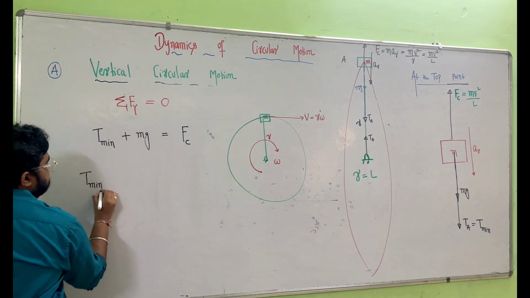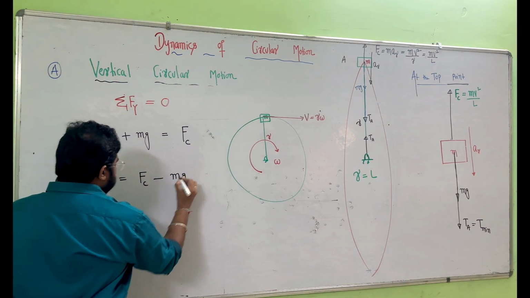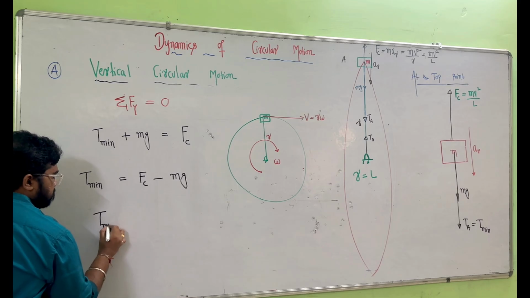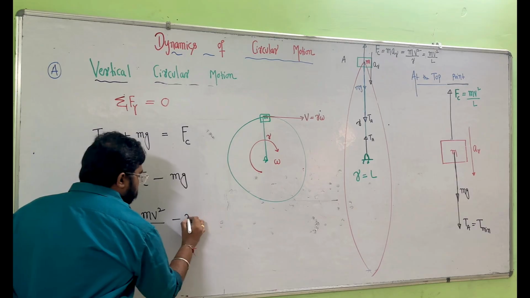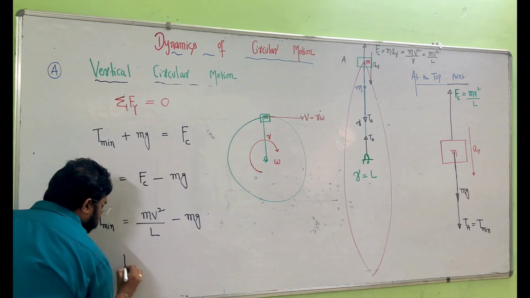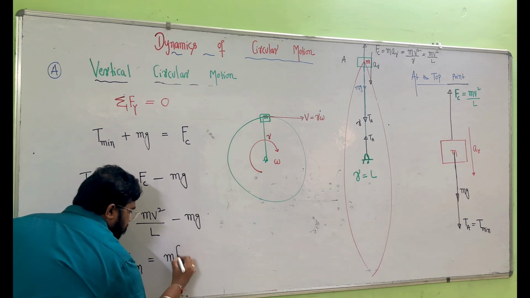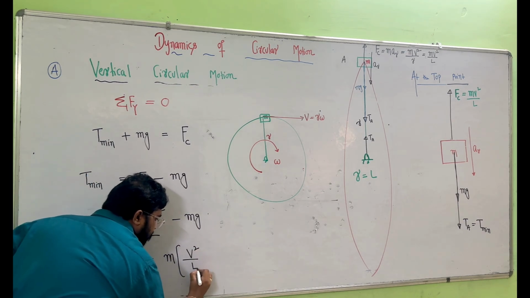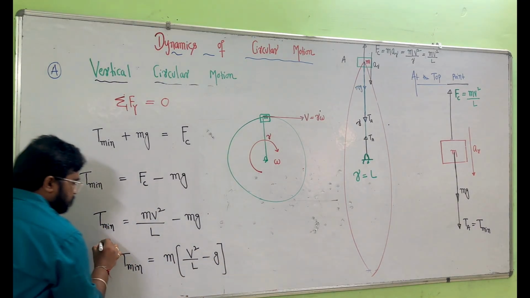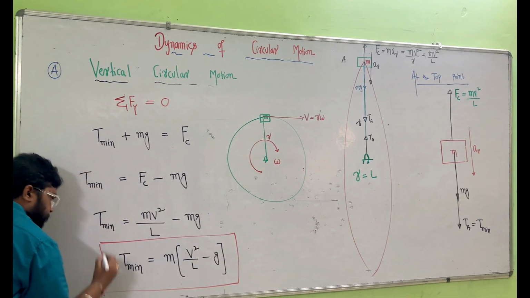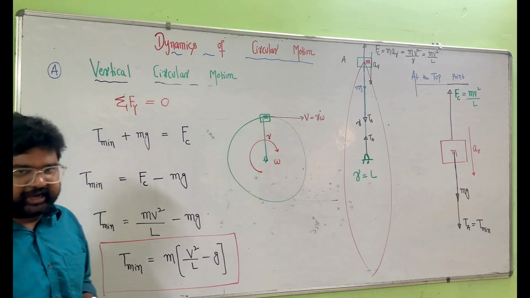T minimum equals centrifugal force minus mg, that is m v square by L minus mg. Then T minimum can be written as m into v square by L minus g. That is the T minimum, obtained at the topmost point.